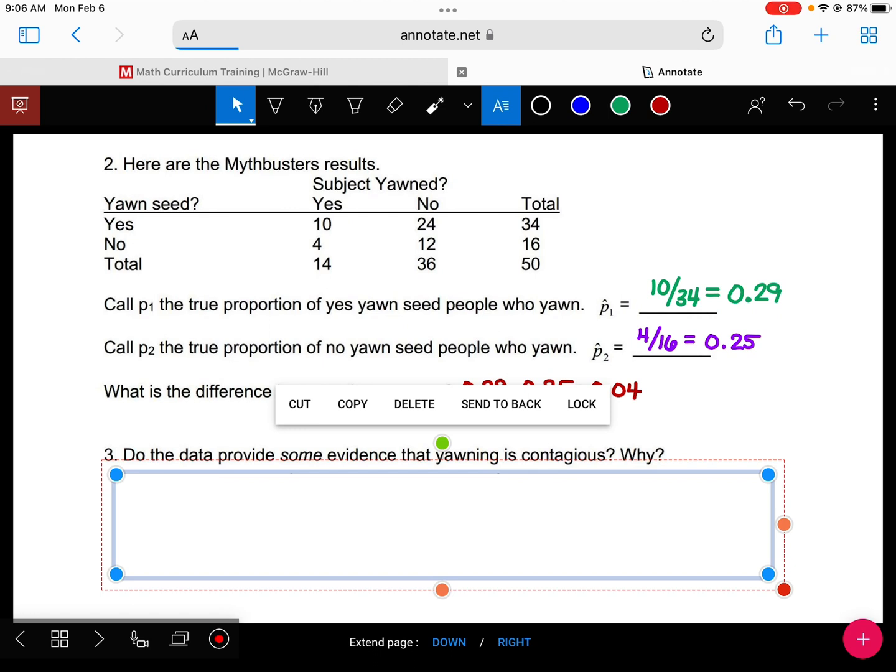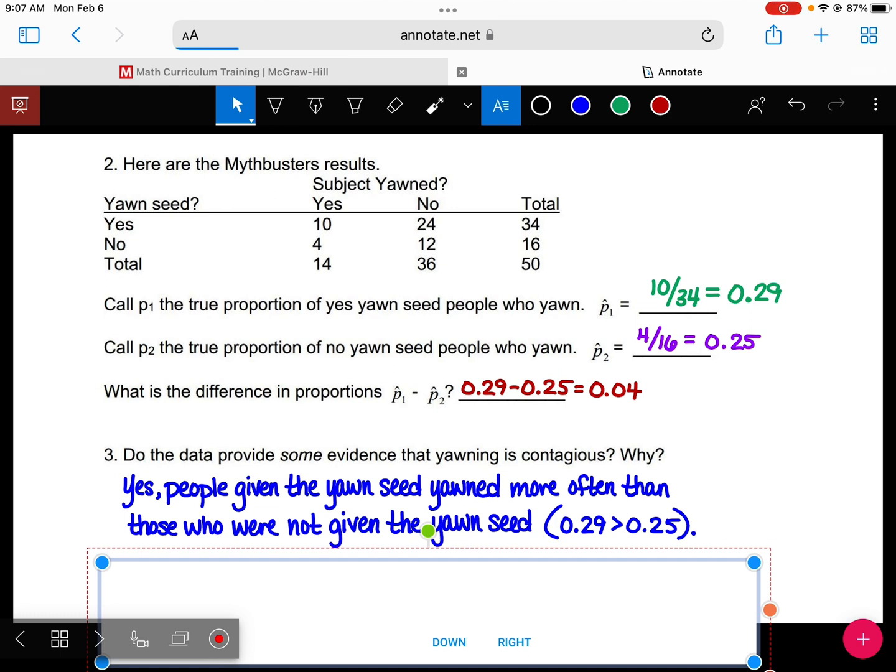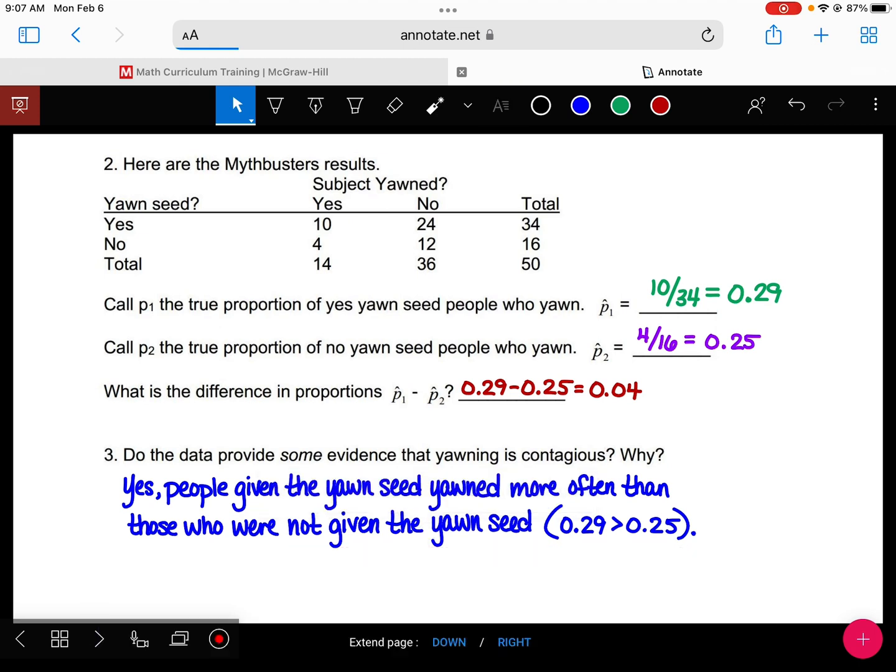So what evidence do you have when you look at the proportions? 29% chance if you're in the yawn seed group, only a 25% chance if you're in the no yawn seed group. People given the yawn seed yawned more often than those who were not given the yawn seed. 0.29 is greater than 0.25.